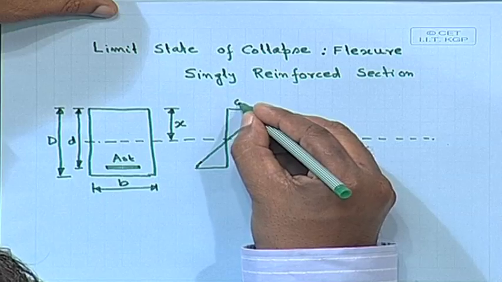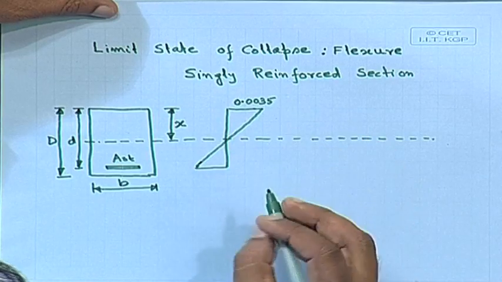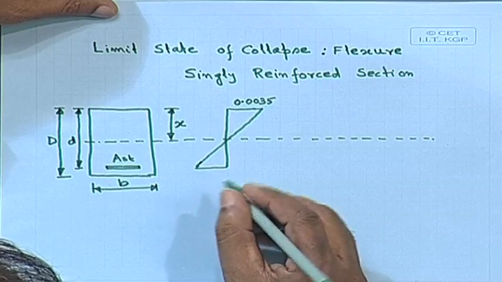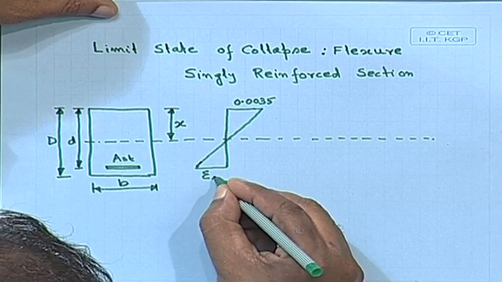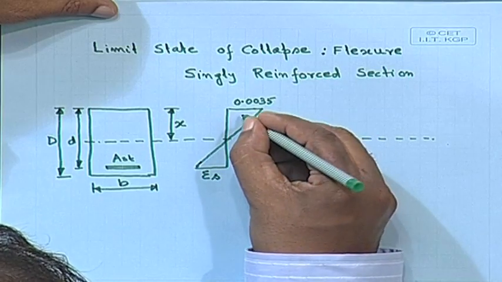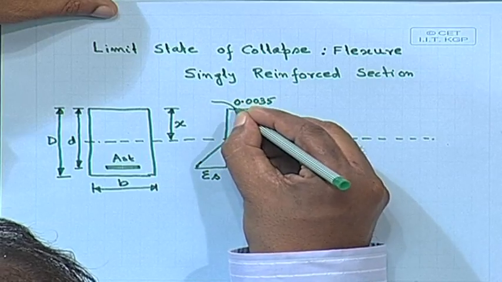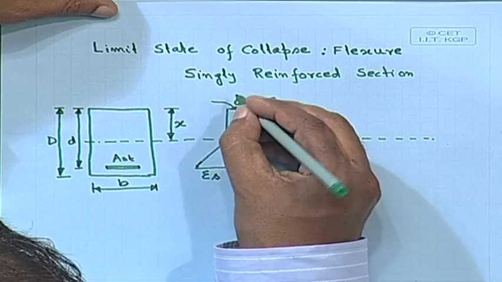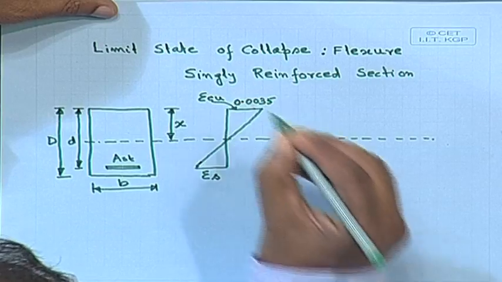This is 0.0035 and this value, say epsilon s, and let us say this value epsilon cu.